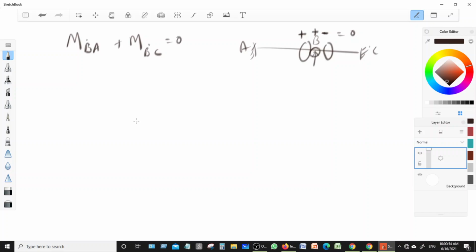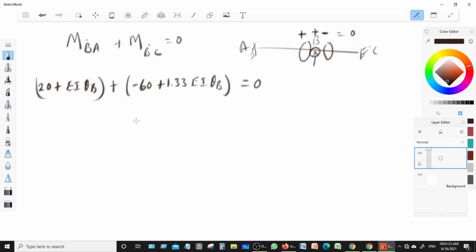So we put the equation: MBA. What is MBA? We have derived MBA, the second equation, equation number 2: 20 EI theta B, plus the moment from the third equation, minus 60 plus 1.33 EI theta B, equal to 0.